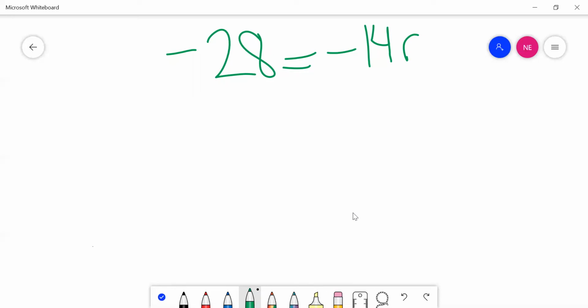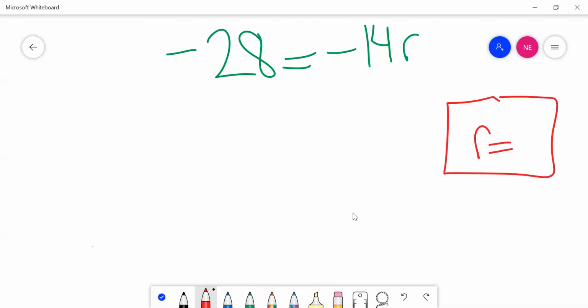So you want to do r equals, that's our key. So our key is r equals. You want to get an answer like that. So for us to get an answer like this, we have to divide by negative 14 on both sides because there's an r next to the negative 14.